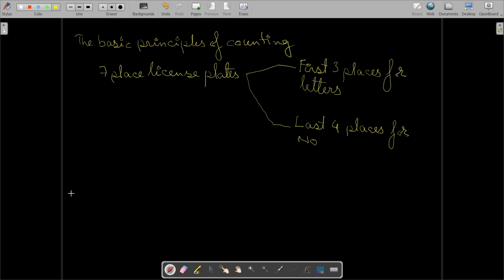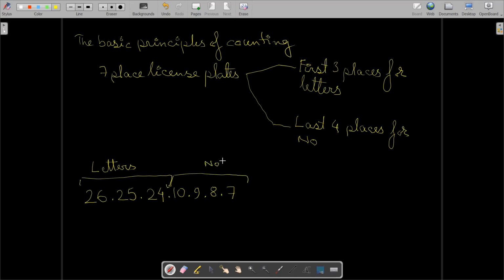I will write here a few numbers. 26 multiplied by 25 multiplied by 24, again multiplied by 10, then multiplied by 9, multiplied by 8, and at last multiplied by 7. These 26, 25, 24 indicate letters' positions in license plates, whereas these 10, 9, 8, 7 indicate numbers' positions in the said license plates.